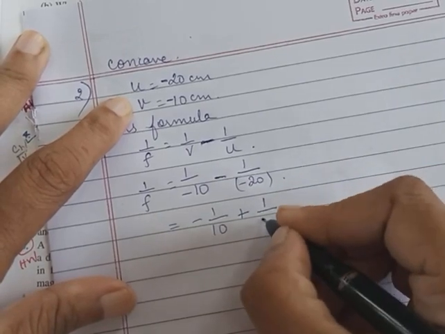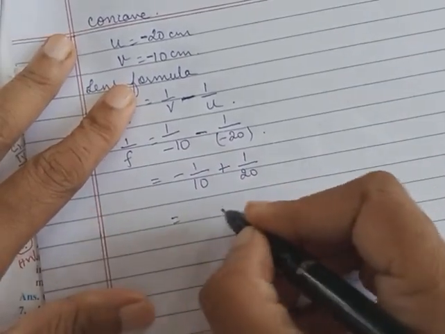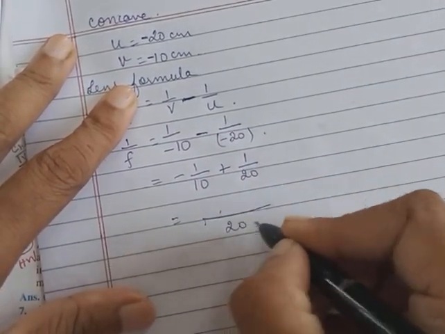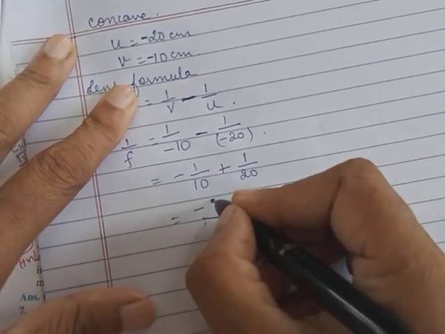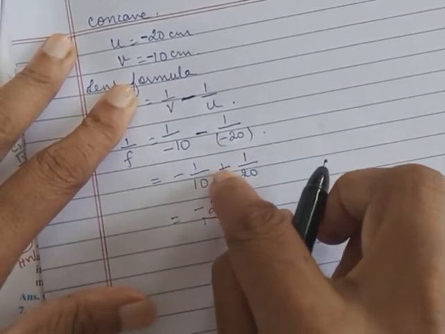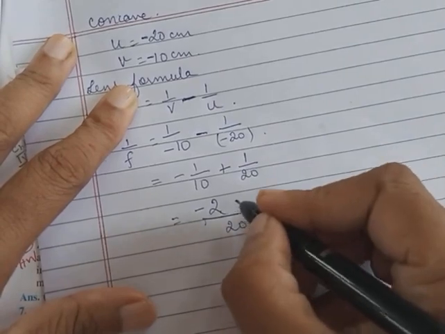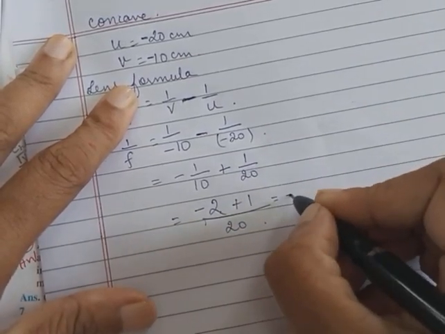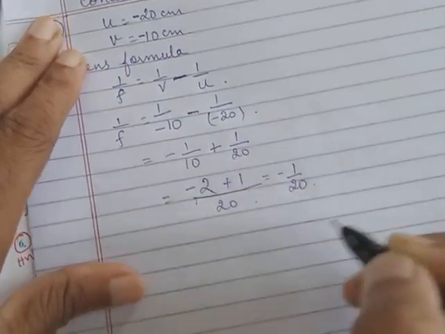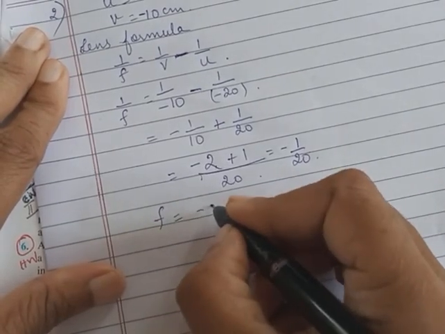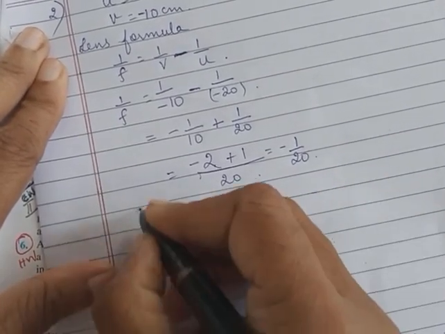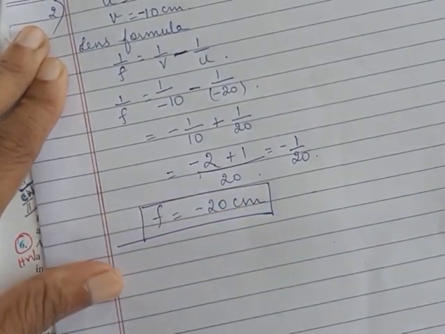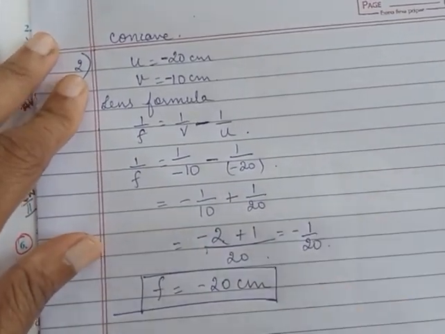So 1 by 20. Now if you take 20 in the denominator, minus 2, 10 into 2, so 1 into 1, minus 2 plus 1, that is minus 1 by 20. So f is equal to minus 20 centimeter. So focal length is minus 20 centimeter.